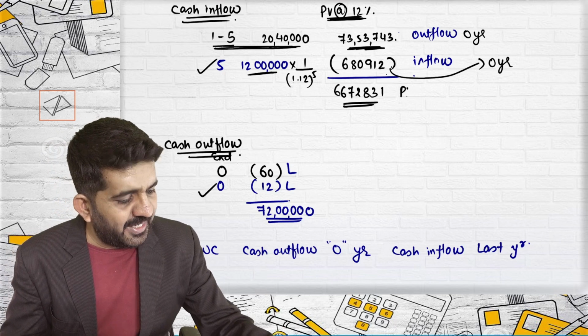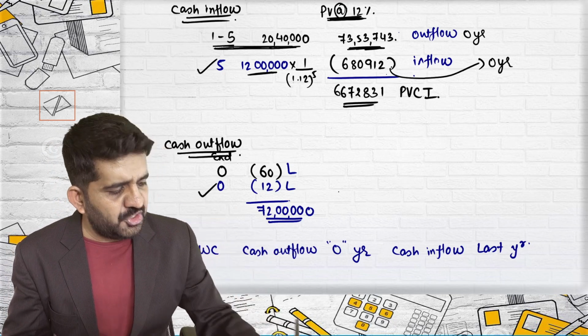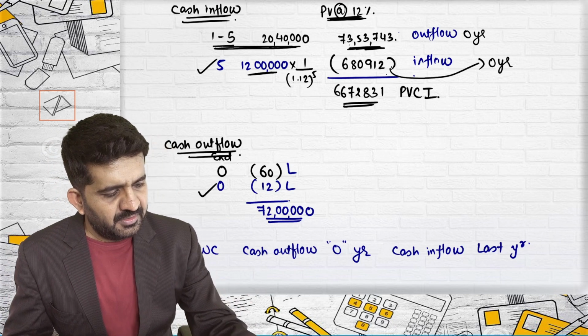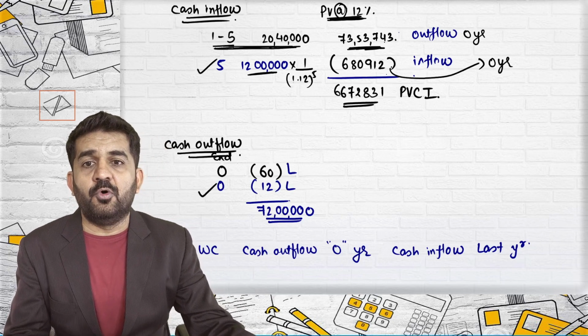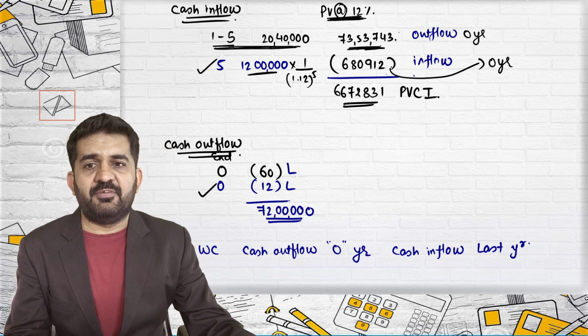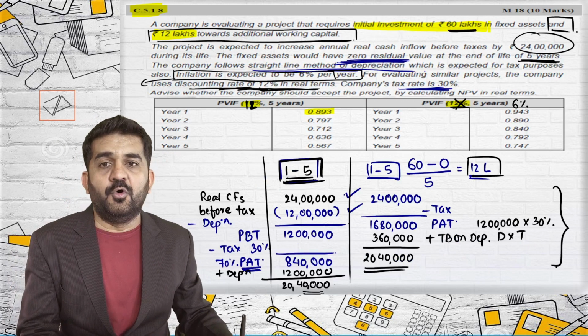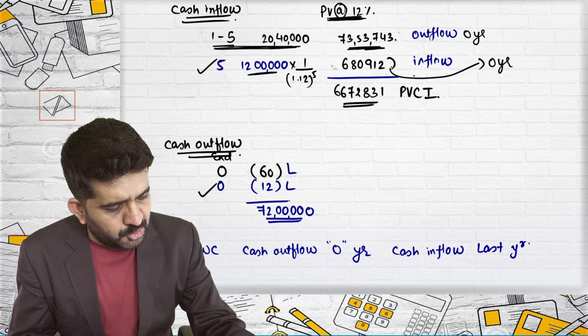What is this? Present value. It is at the end of 0 year of cash inflow. I have made a mistake, right? This 73,53,743 is inflow or outflow? 20,40,000 is cash inflow or outflow? Inflow. So present value will be cash inflow. This is also cash inflow.